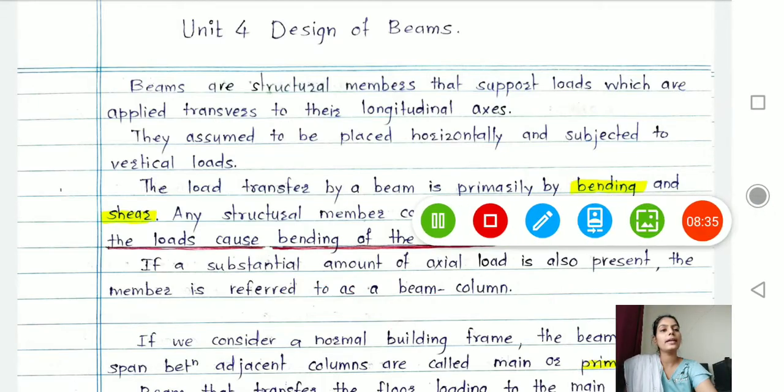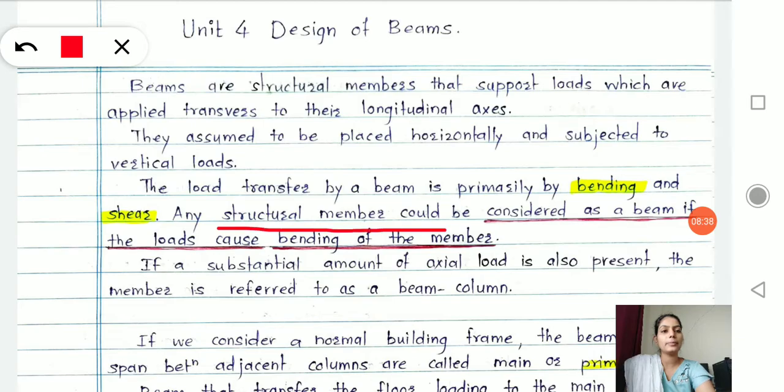Okay, now any structural member could be considered as a beam. I have underlined that because I want you to keep it as a note: any member of your structure need not always be in a horizontal position, but any member which transfers the load by way of bending.